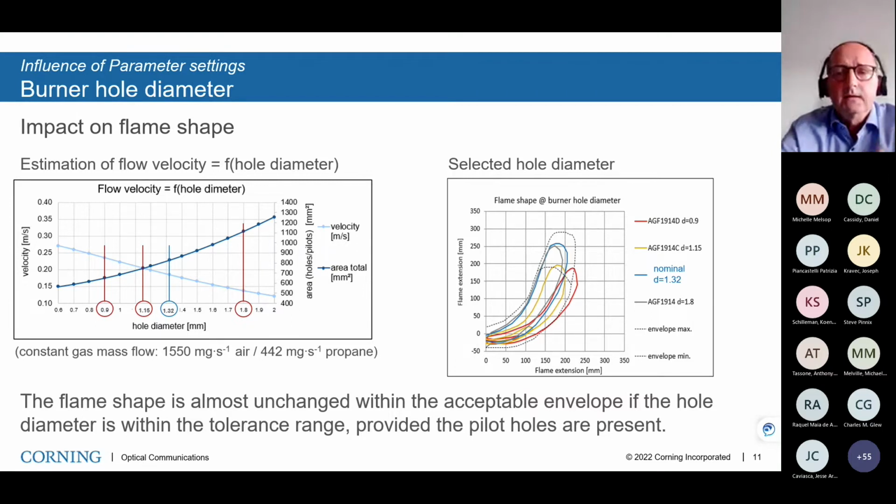It is very unlikely that the burner holes deviate so much from the given standard tolerance range between 1.3 and 1.4 mm. Therefore, the flame shape is almost unchanged when the hole diameter is within the tolerance range, provided the pilot holes are present. The flame shape should be comparable in labs if an identical burner is used under the same conditions according to the standard.